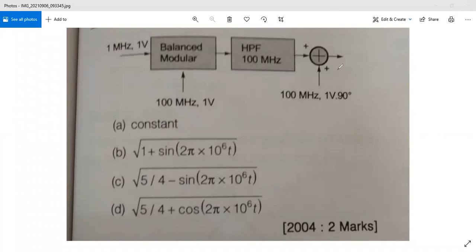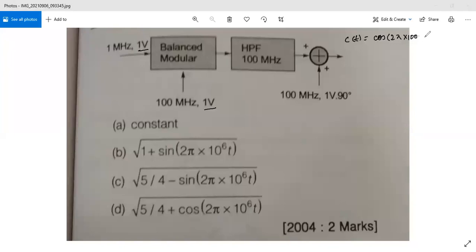So let the carrier signal C(t) be cos of 2 pi FC t. What is the value of FC here? We have the value of FC as 100 megahertz.